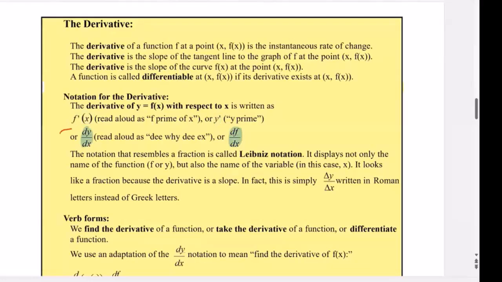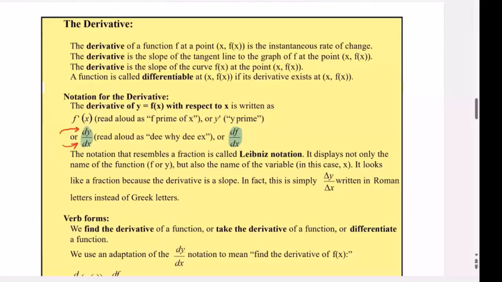This says the derivative of y with respect to x. So whatever goes on the top is what you're taking the derivative of, and what goes on the bottom is what you're taking the derivative with respect to. I know you don't understand what I'm saying yet. Don't worry, you will.